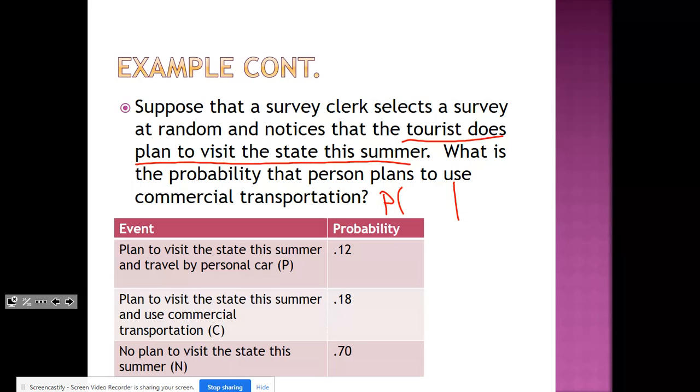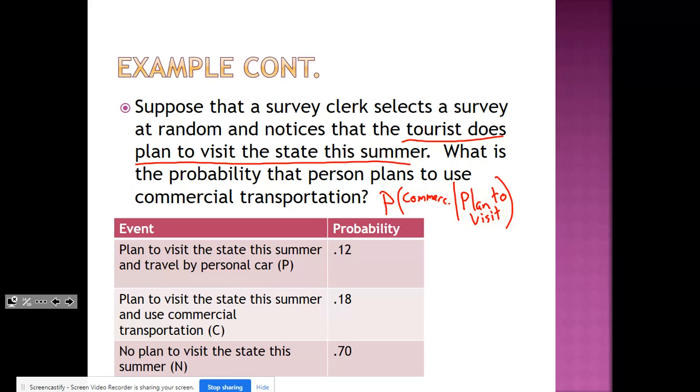So given they plan to visit, it asks, what is the probability that the person plans to use commercial transportation? So given plan to visit, what's the probability of commercial transportation?